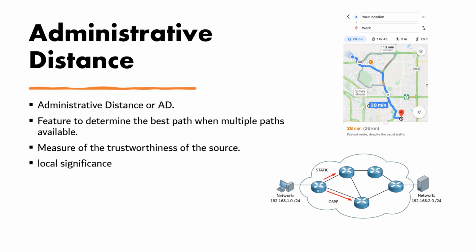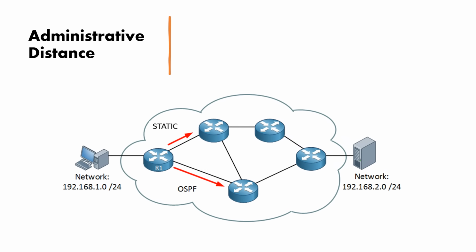Let's take a scenario where I have a source, for example, a PC with a network 192.168.1.0/24 on the left side, residing in a branch office, and then I have a server on the right side residing in a HQ with a network 192.168.2.0.